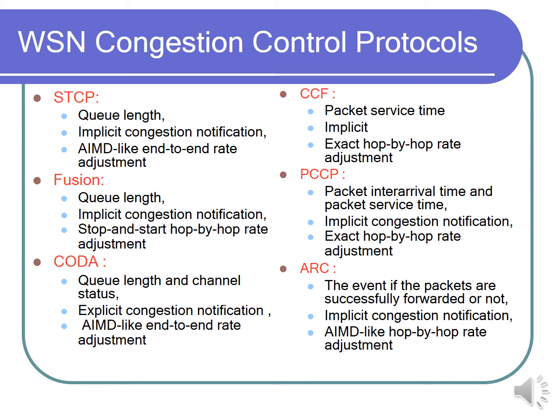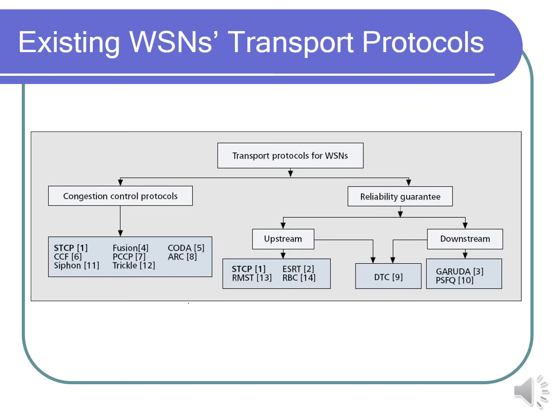Packet arrival time and packet service time, implicit congestion notification, then exact hop by hop rate adjustment. Then the event, if the packets are successfully forwarded, implicit congestion notification, AIMD-like hop by hop rate adjustment.